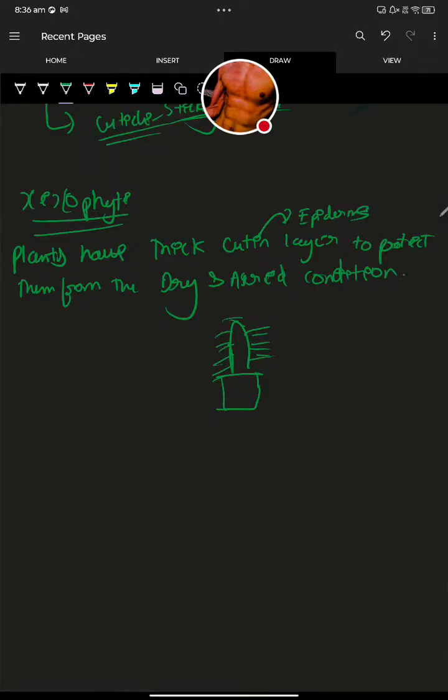Then parenchyma, a living tissue, also helps in storage. Basic fundamental tissue, thin layer of wall. So parenchyma is a living tissue that also helps in storage. Basic function of fundamental tissue, thin cell wall, has intercellular space.